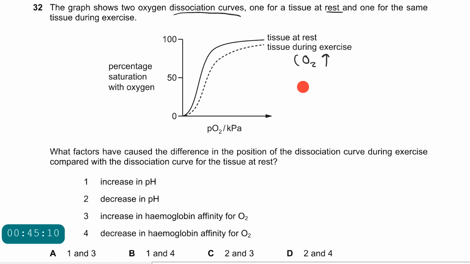This means that more carbon dioxide and water are going to be converted into carbonic acid by the enzyme carbonic anhydrase.